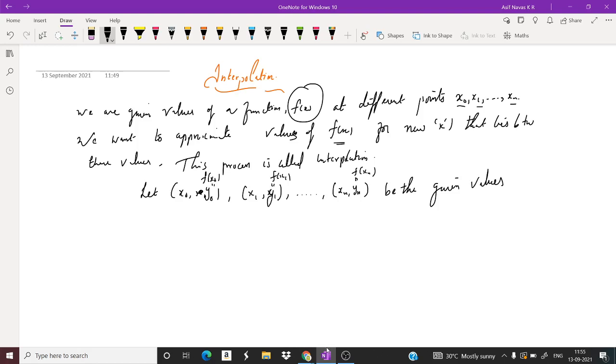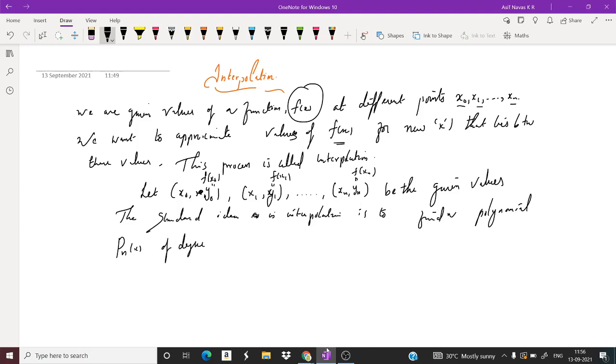The standard idea in interpolation is to find a polynomial Pn of x of degree n that assumes the given values.